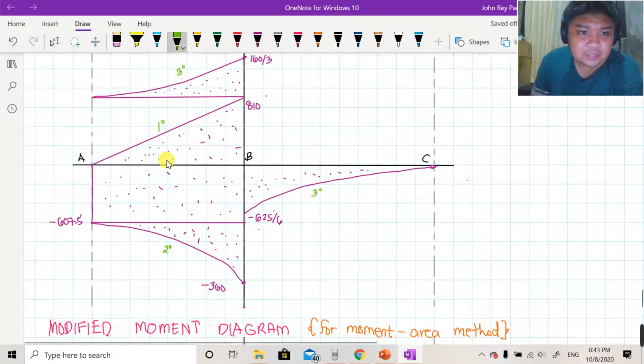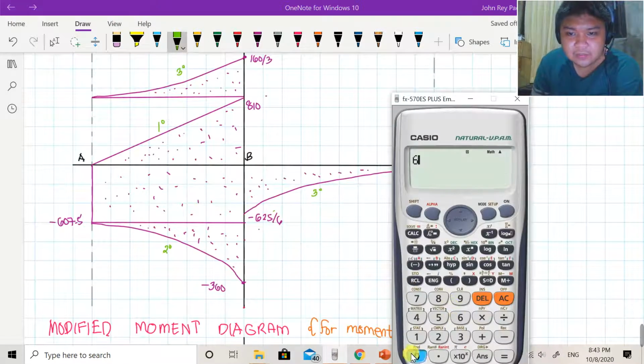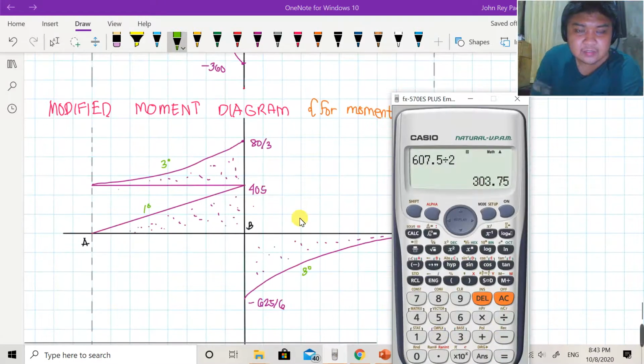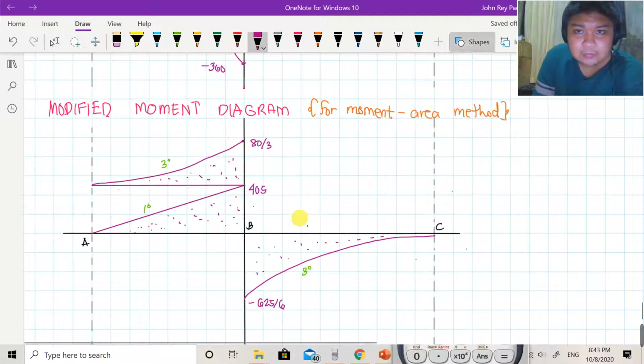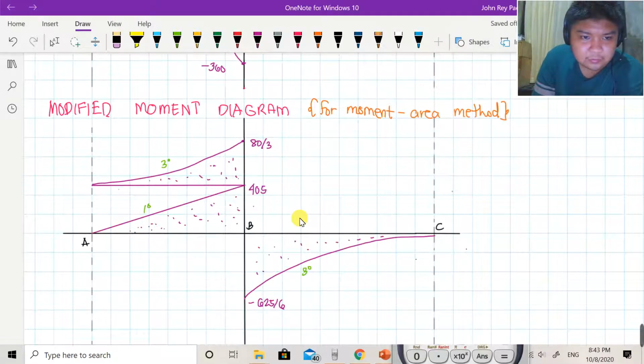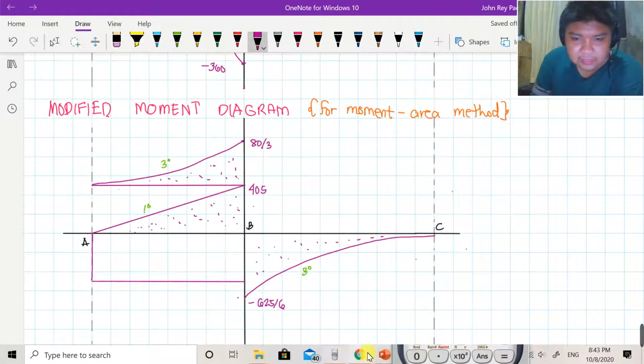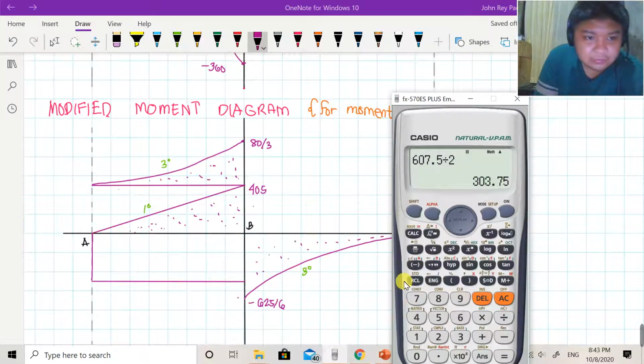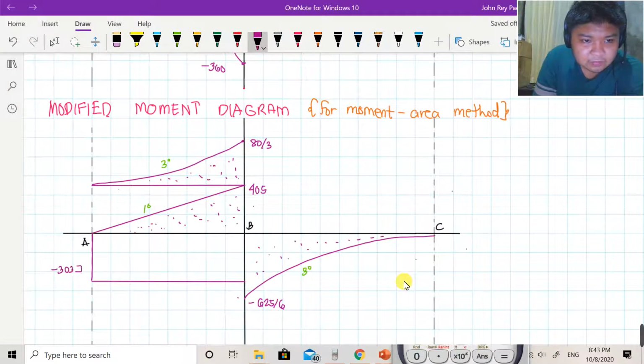Yung moment din, meron tayong negative 607.5. So, 607.5 divided by 2 is 303.75, class. So, yun na rin yung kanyang magiging bagong height, no? So, lagay natin siya dito. Negative 303.75. So, ayusin ko lang yung pagkasulat.